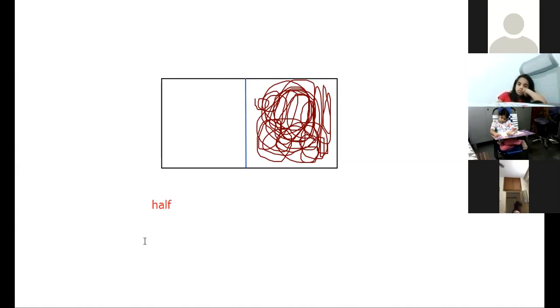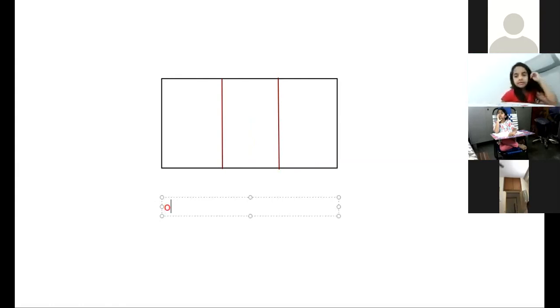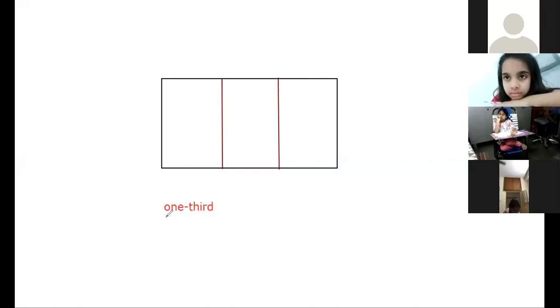Now next is 1/3. Now let's say I have divided this rectangle into 3 parts. Now I'll tell you about 1/3. 1/3 means, see children, the first word is 1 here.